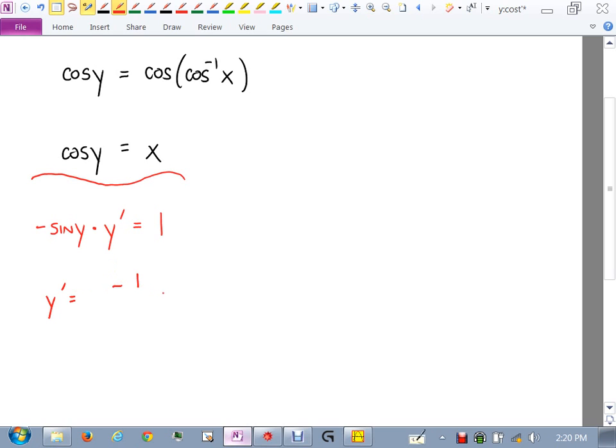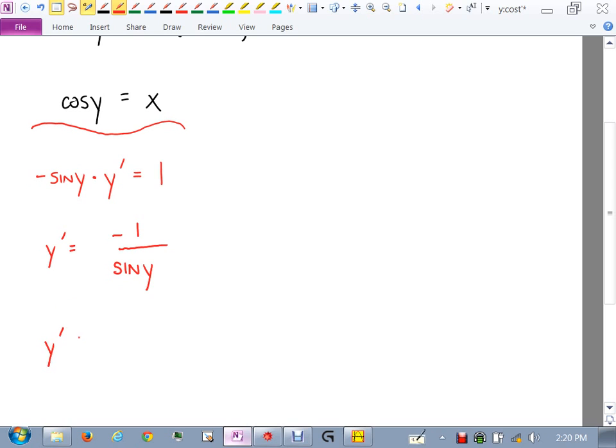So you get negative 1 over sine y. And that, by definition, is cosecant, right? 1 over sine is cosecant. So I get y prime equals negative cosecant y. That okay?